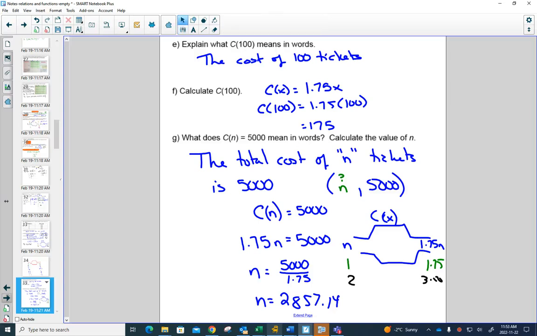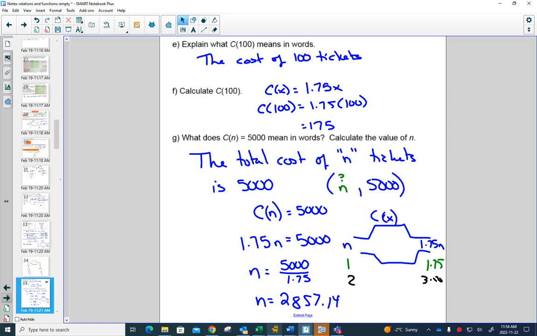So you could get this question by saying that the theater production needs to make at least $5,000 to pay for all their expenses, especially Gage's outfit that was really fancy. That cost a lot of money in its production. Okay, so they need to make at least $5,000. How many tickets do they need to sell to make sure that they don't have to, like, lose money? Yes, they'd have to sell at least 2,858 tickets to make some money.